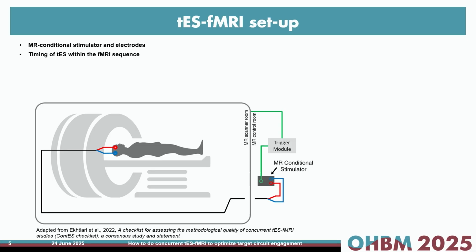And you will also have to then connect the electrodes, the scalp electrodes, which are inside the scanner together with the patient, with the MR stimulator, electric stimulator, I'm sorry. Despite being MR compatible, it has to stay outside the scanner room.